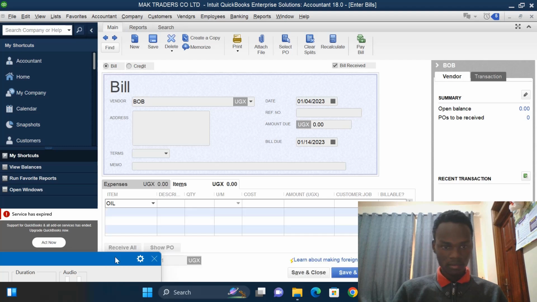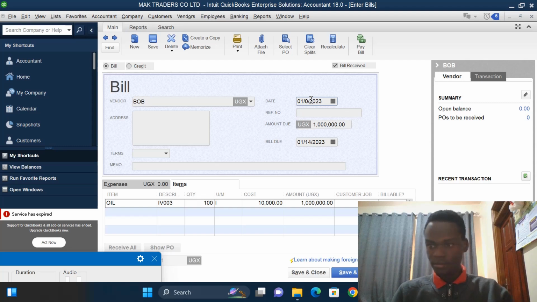So oil, we have 100. And the bill date, the date up here is 6th.